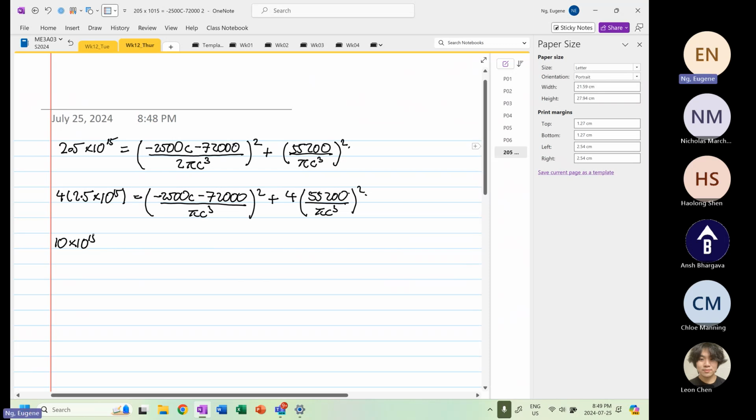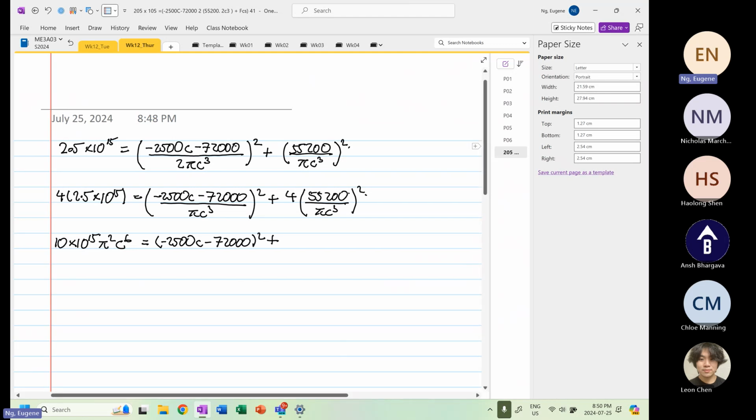And the denominators are the same. So this is pi squared C6. And then this whole thing will be equal to minus 2500C minus 72123 squared plus.